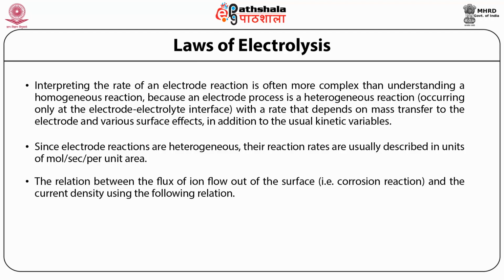the current density is given by the following relation: m = I t A / (n F). I is the current, t is the time, n the number of electrons, and A the area of cross section.